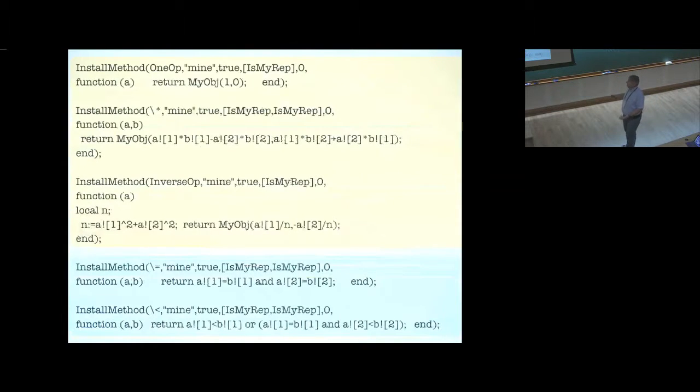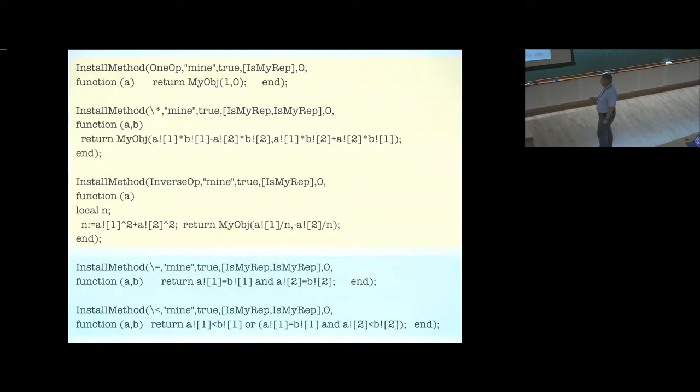In this case, I install a method for one, for multiplication, and for inverse. So these are pairs of objects which say would be a group. And I define some kind of multiplication. I don't remember what this actually models. It's some multiplication. That's how you can make your own group. If you have objects with some weird multiplication, you can make a group of them.